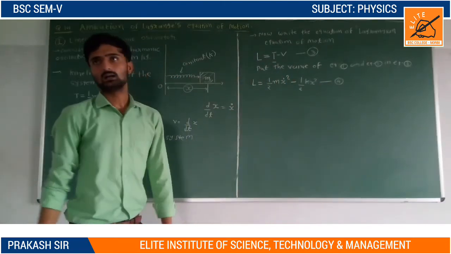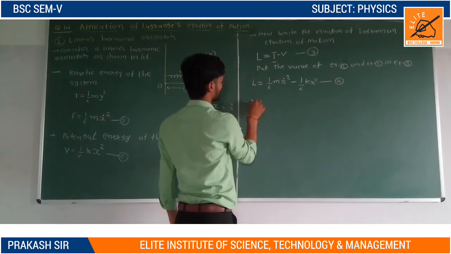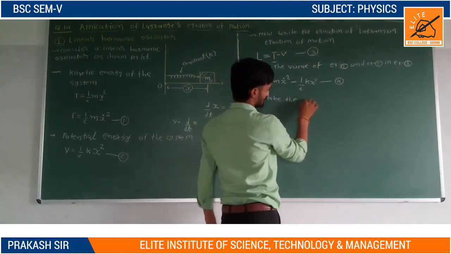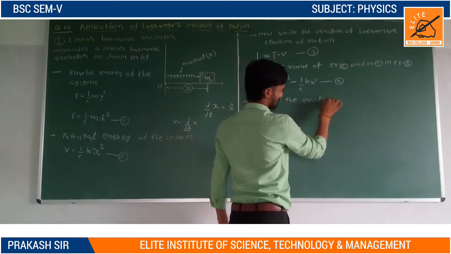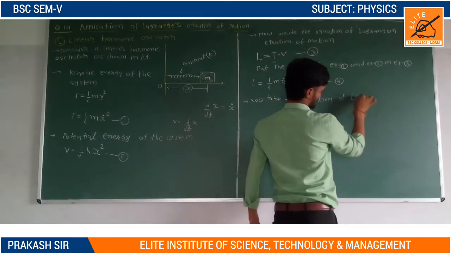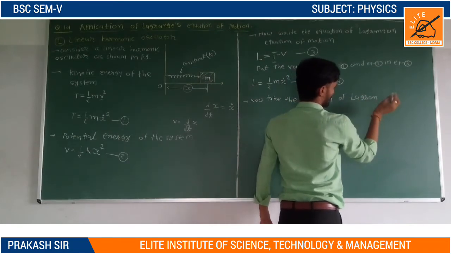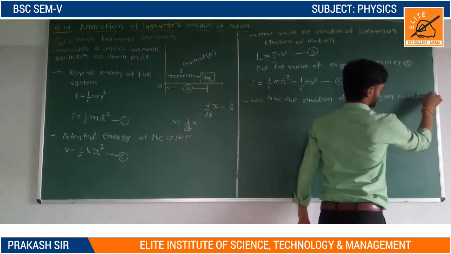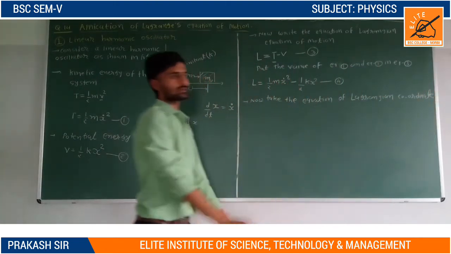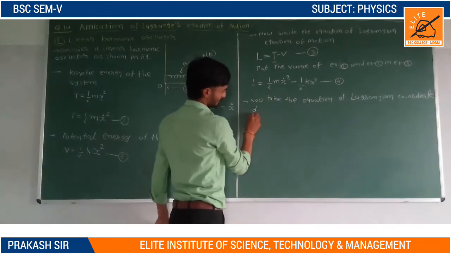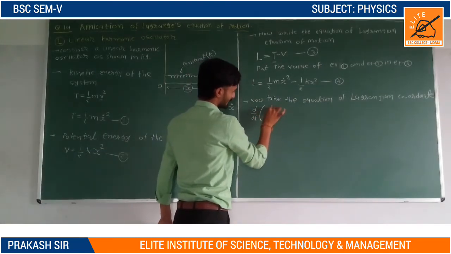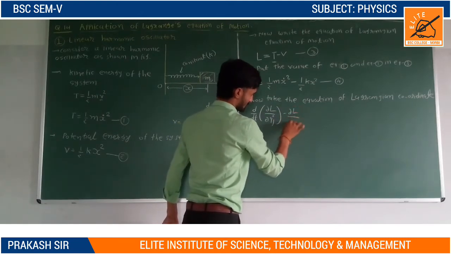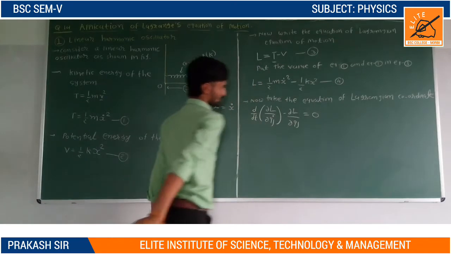Now take the Lagrangian equation of coordinate. So Lagrangian coordinate equation is d by dt del L upon del q dot minus del L upon del q equal to 0.